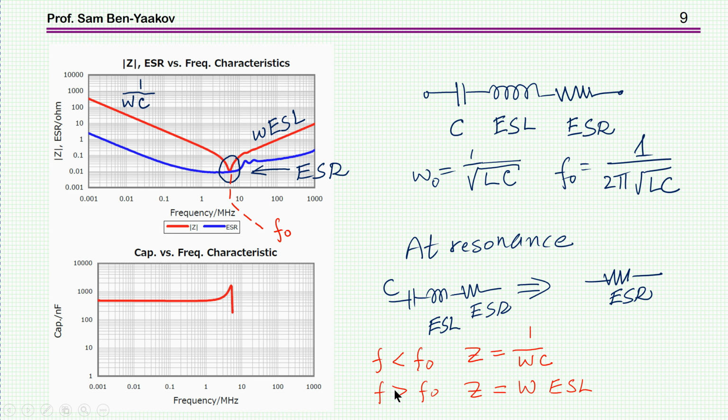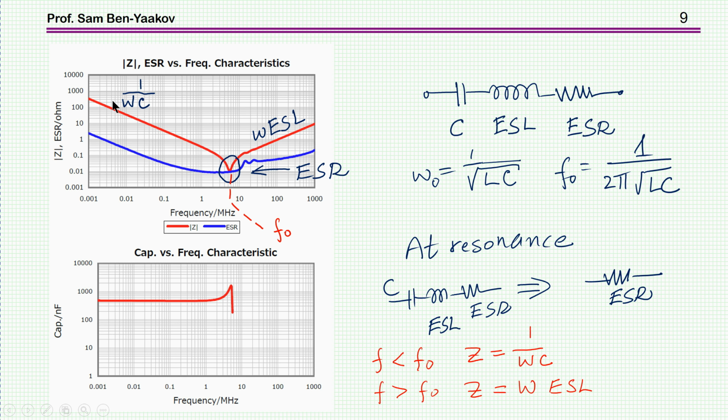And at frequencies above the resonant frequency, you see basically the inductance, because this is the low impedance and this is also low compared to this impedance. So at low frequency, the impedance is like 1 over omega C, and at high frequencies, it's omega ESL.